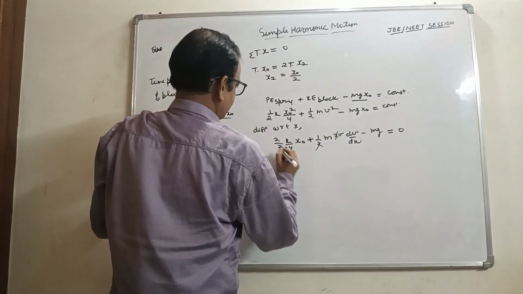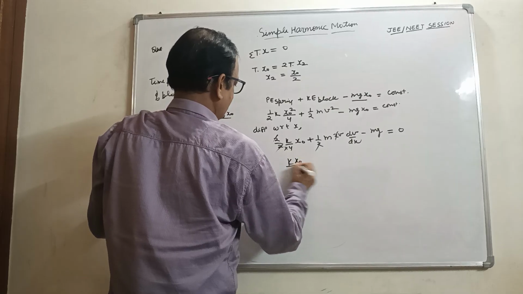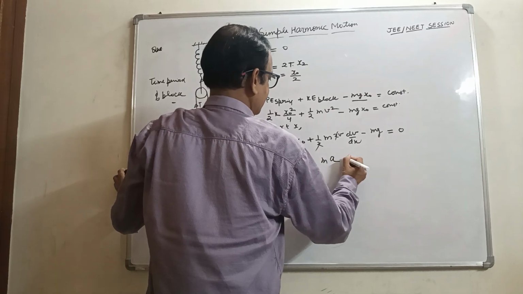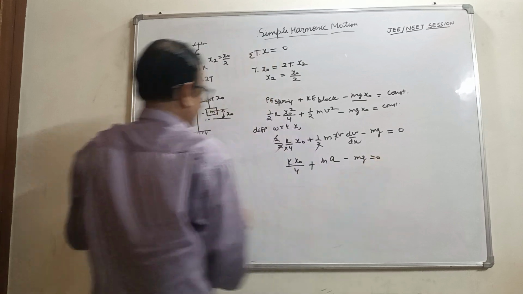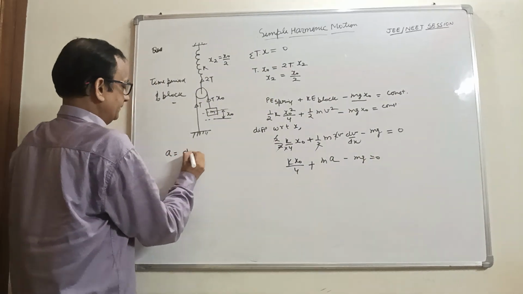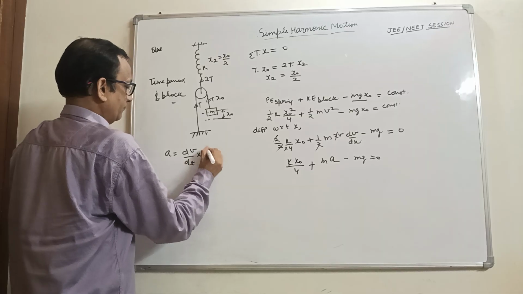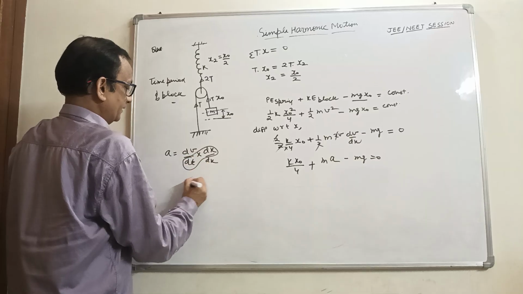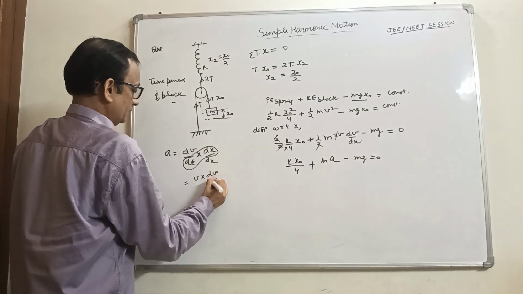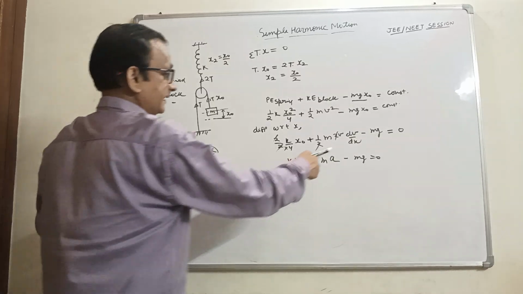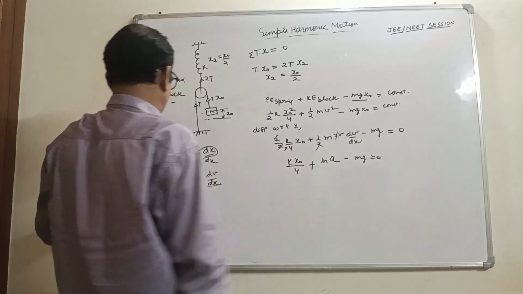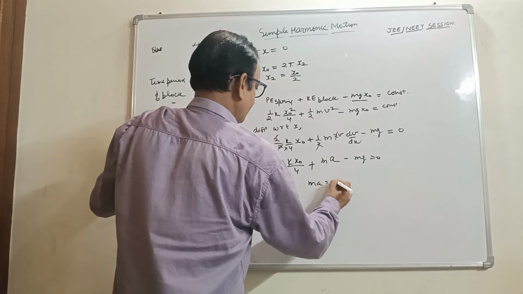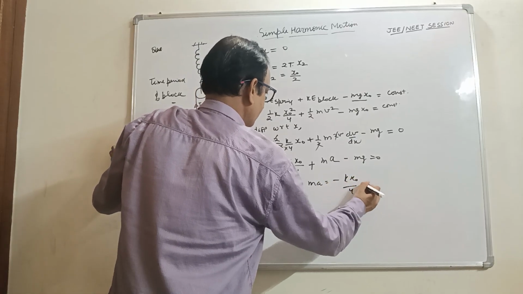So this becomes kx naught by 4 plus m v dv by dx, this is acceleration, equal to mg. So acceleration is dv by dt, and on multiplying by dx, dx by dt becomes v, so dv by dt is v dv over dx, which is acceleration. So we write here ma would be minus kx naught by 4 plus mg.